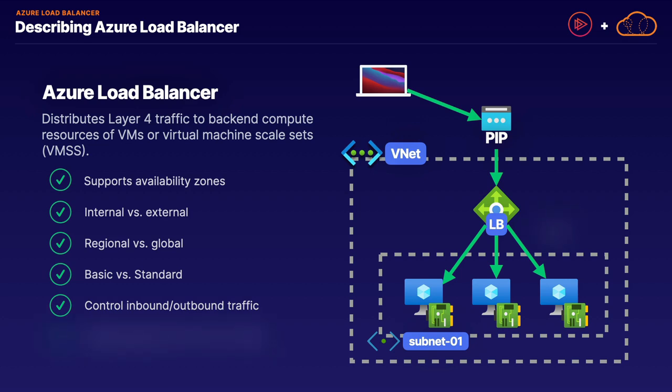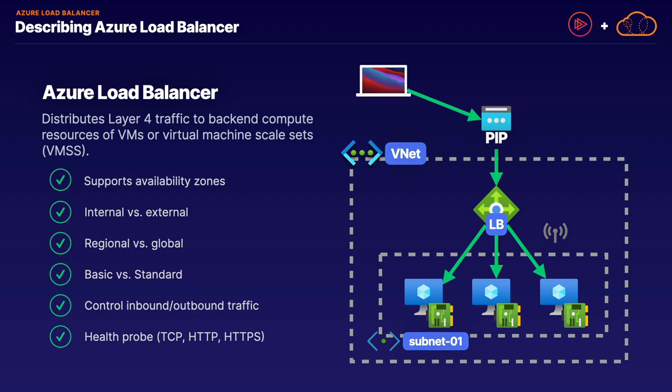We also have health probes, and these health probes are what are going to determine whether or not the instances or the compute resources running inside of our backend pool are healthy and ready to serve traffic. Now again, this is our layer 4 load balancer, and the health probe itself can check via TCP, HTTP, or HTTPS, but the load balancer itself is layer 4, so it's TCP and UDP traffic only.